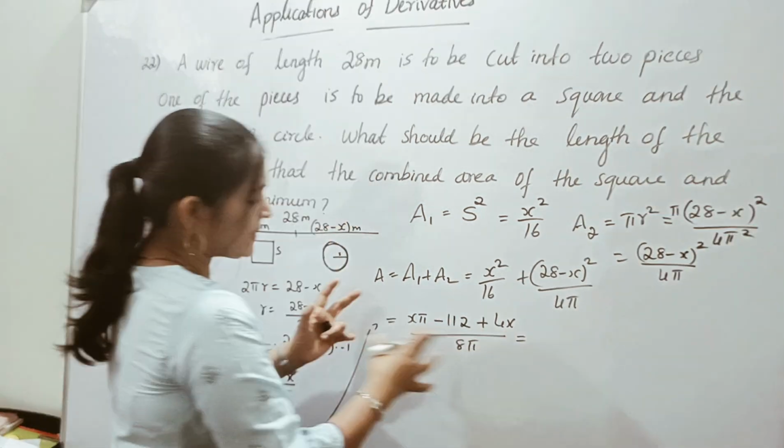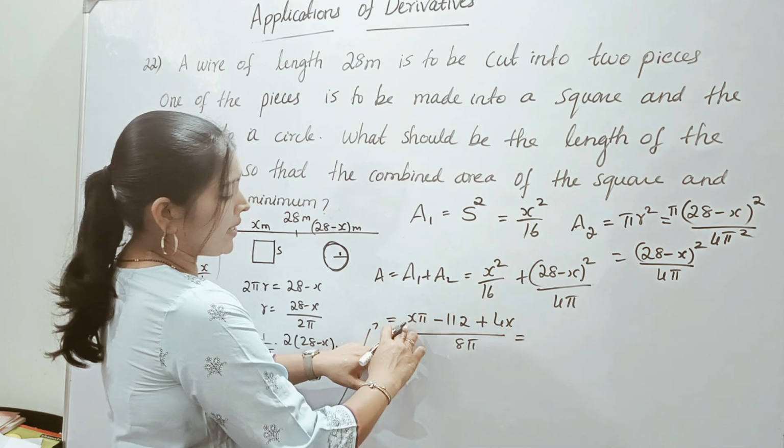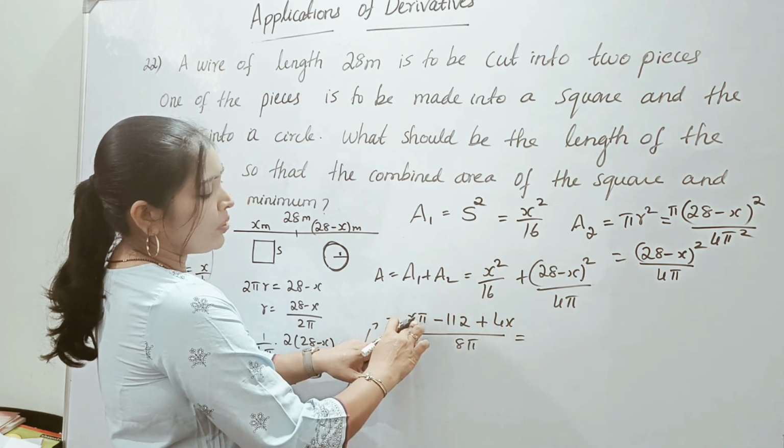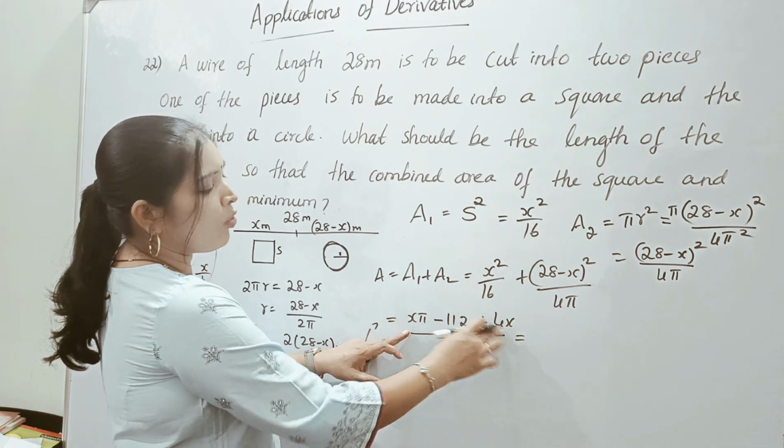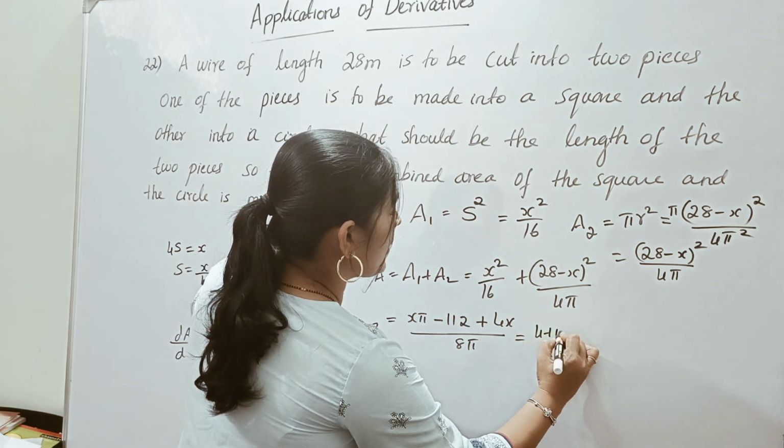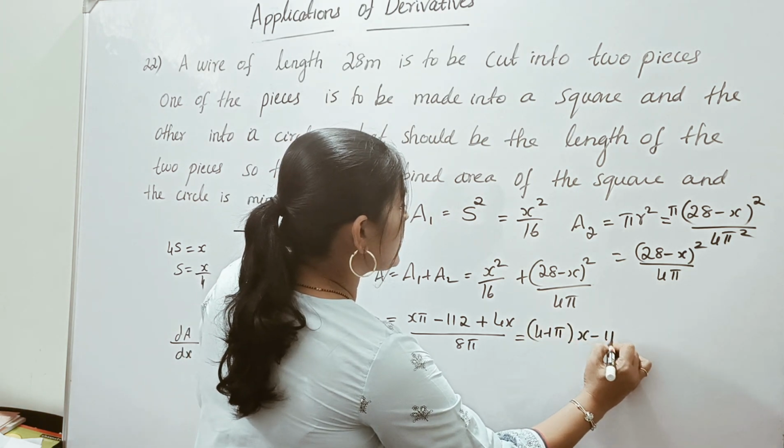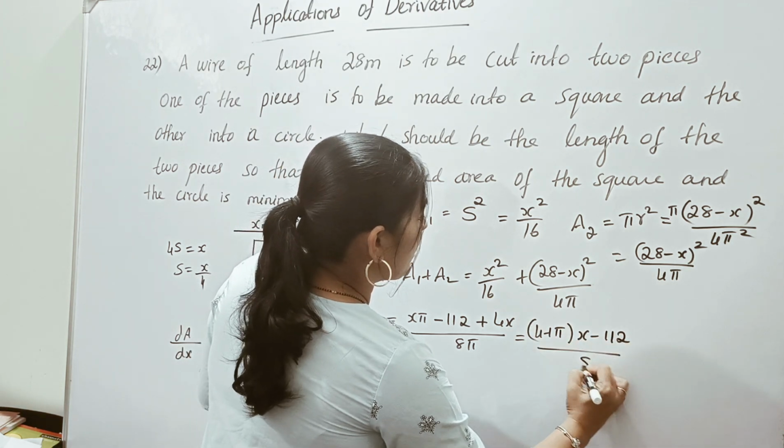See here, let's take x terms together. So x is common in these two terms, so let's take x outside. So we will get (4 plus pi) into x minus 112 divided by 8 pi.